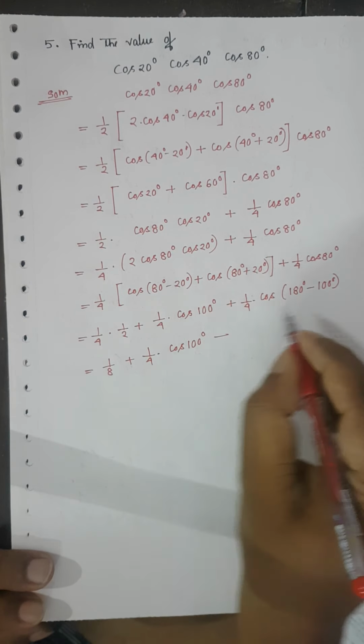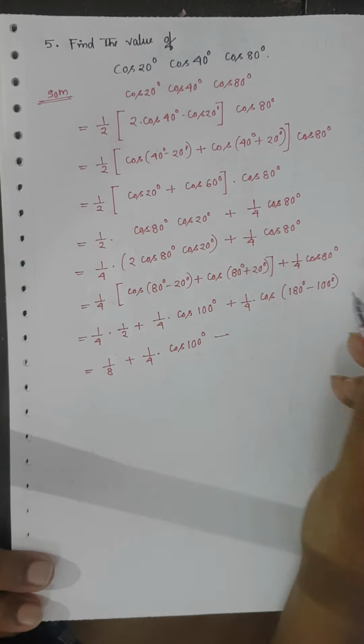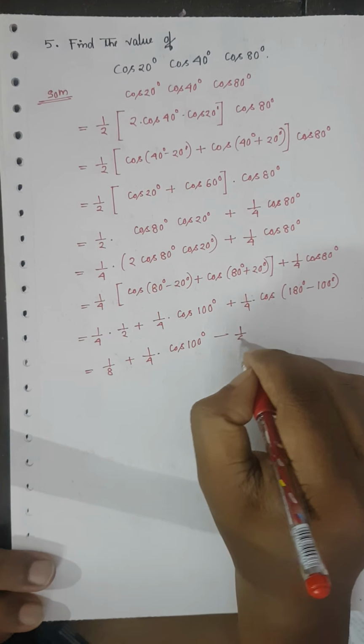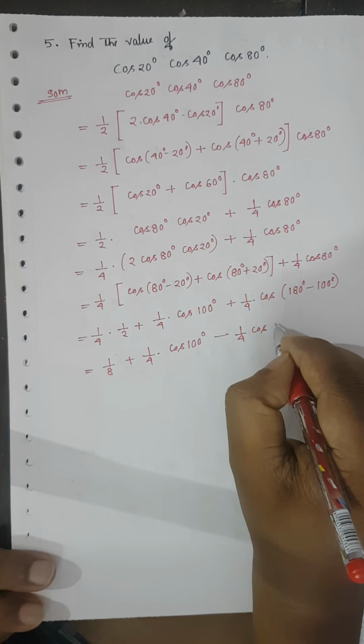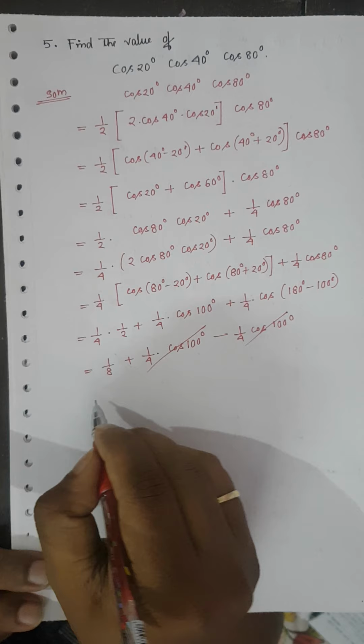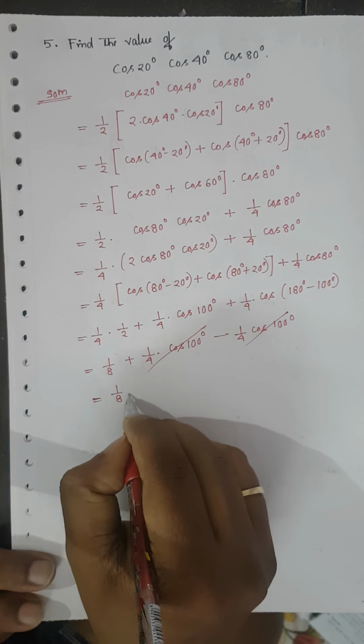Now, what is cos(pi minus theta)? It is minus cos theta. In the second quadrant cos is negative, so it is 1 by 4th of cos 100 degrees. Now plus and minus cancel, so the result will be 1 by 8.